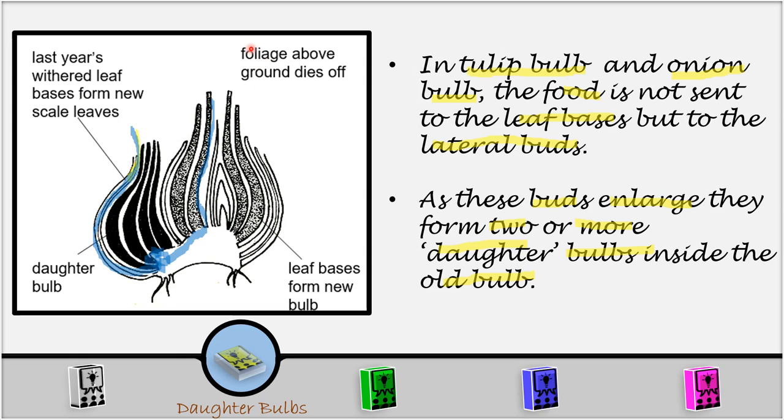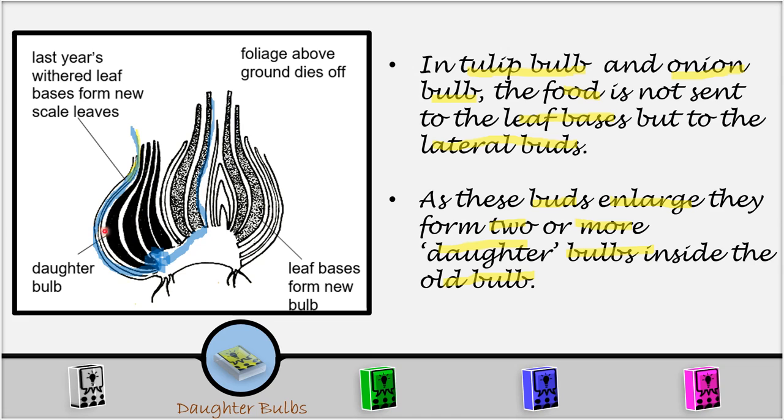So here we have the foliage above the ground, they go on dying off, and we have last year's withered leaf bases forming new scale leaves. These are now the scale leaves, they were last year's leaf bases. Now we have the daughter bulb.